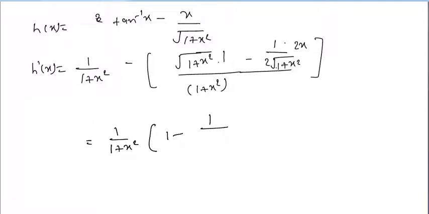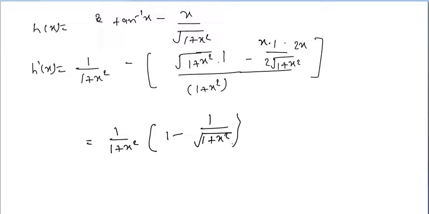Multiply this side, then it will be 2 into 1 plus x square minus 2x, and here is also x because this function x is remaining here, so minus 2x square. So there will be 1 plus x square in the denominator, with a square root.